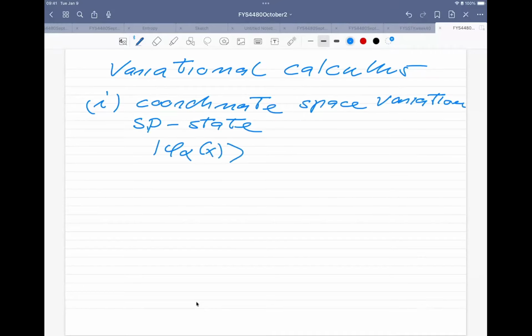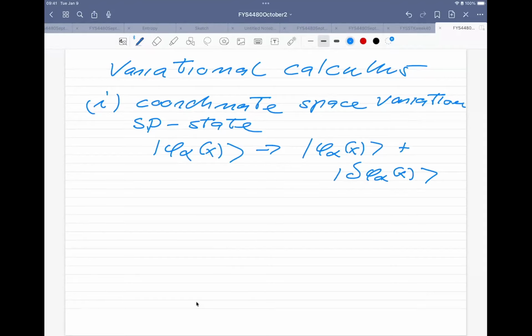And this is going to be varied now to have some kind of perturbation, you may call it that, or variation, some delta phi alpha of x. So this is the approach when we vary the single particle state. This will also change the many-body state.